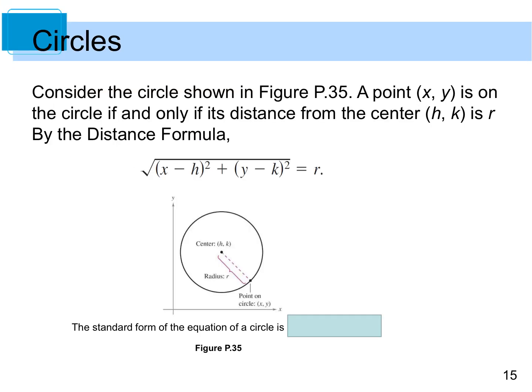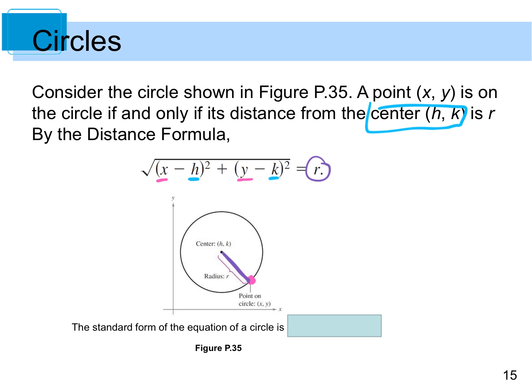The last thing we're going to talk about is equations of a circle. Our circle formula comes from the distance formula because we have the center, which is (h, k). We'll have a point on the circle, which is an x and y, so any point on the circle. Our radius is the distance from the center to the point on the circle, so that gives us r.